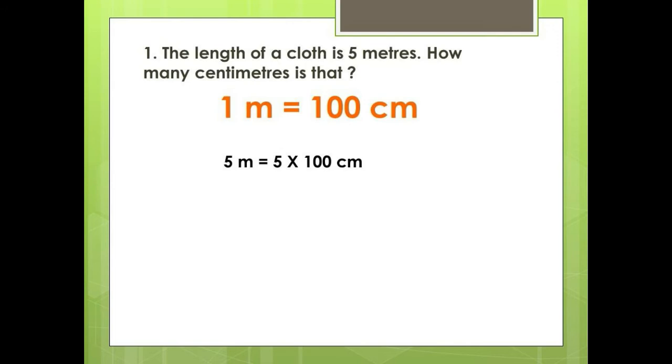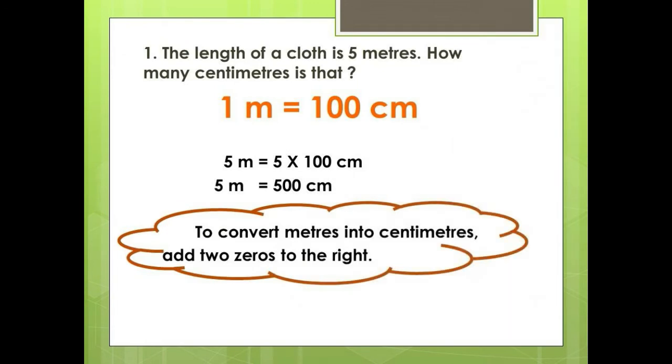So we write 5 meters equals 5 into 100 centimeters. That is, 5 into 100 is 500 centimeters. So the length of the cloth, 5 meters, is equal to 500 centimeters.